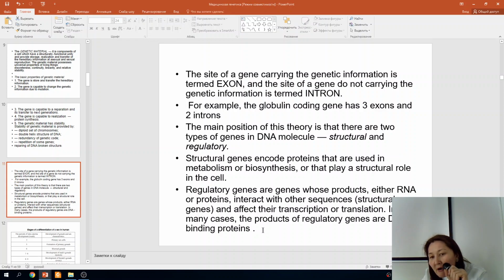Structural genes encode proteins that are used in metabolism or biosynthesis or that play a structural role in the cell. Regulatory genes are genes whose product, either RNA or proteins, interacts with sequences of structural genes and affects their transcription or translation. In many cases, the products of regulatory genes are DNA binding proteins.